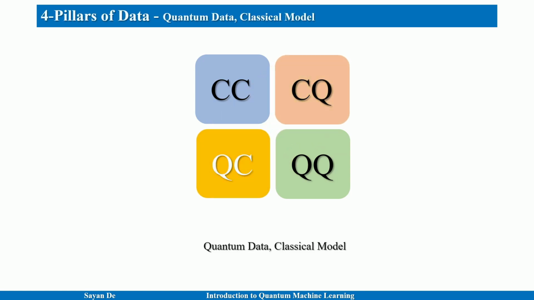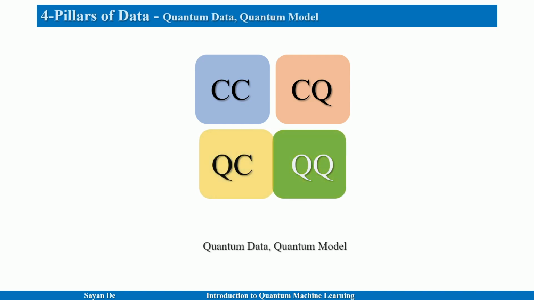Next we have quantum data and classical model. Maybe we have quantum data and there is a chance of processing this quantum data with some classical models. So that becomes an optimization problem, right? We have some quantum data that will be processed by the classical models or classical systems. And now comes the biggest dream, that is quantum data processing in the quantum model or quantum system.